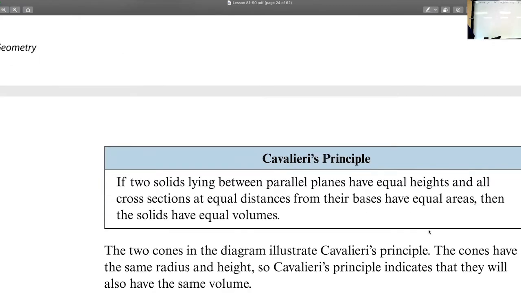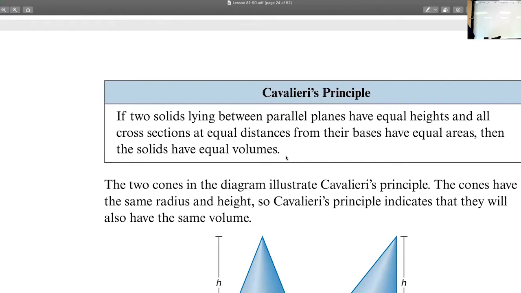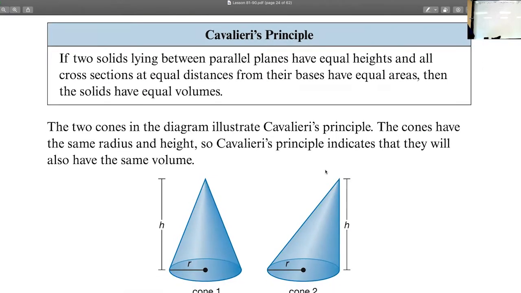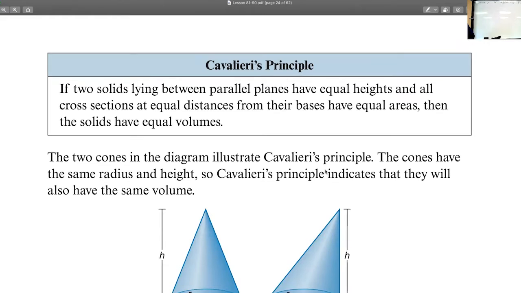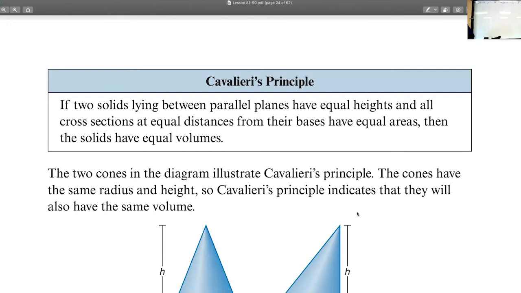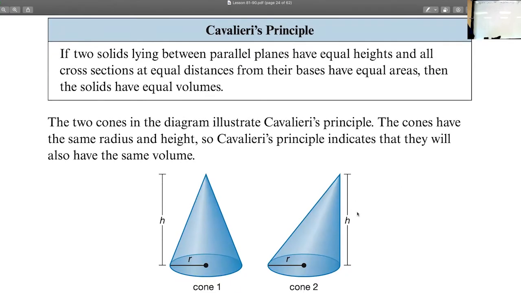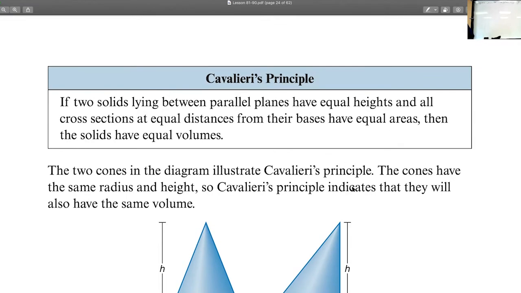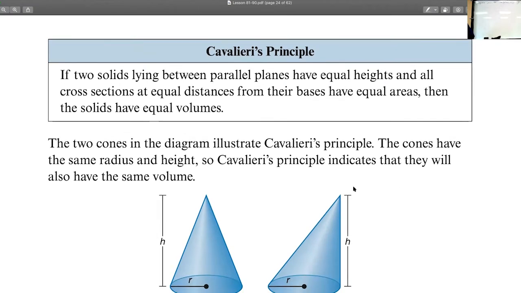So let's just see how it applies. If two solids lying between two parallel lines have equal heights like this, and all cross sections at equal distances from their bases have equal areas, then the solids have equal volumes.